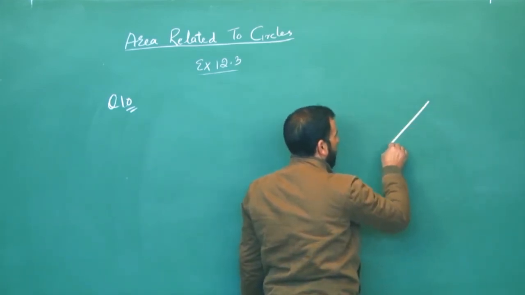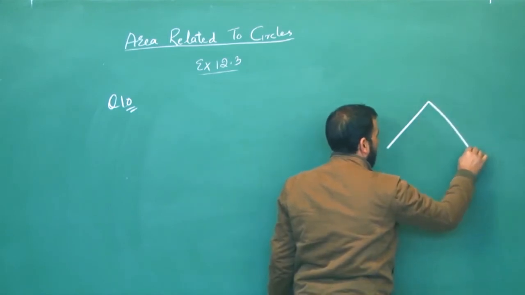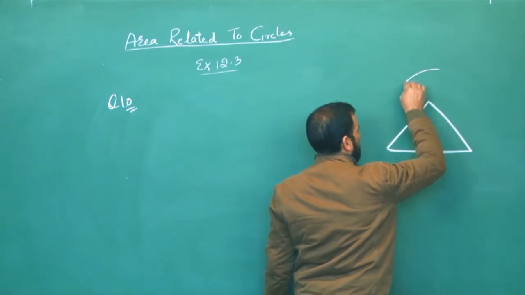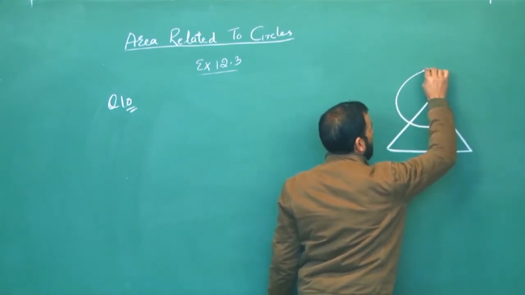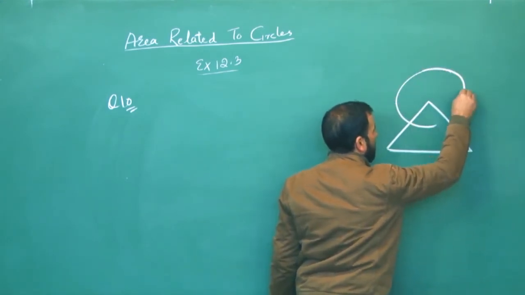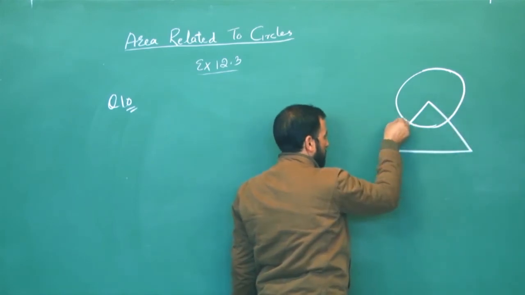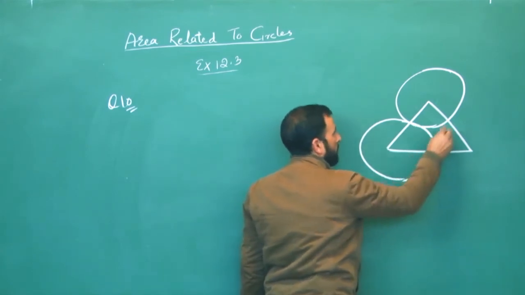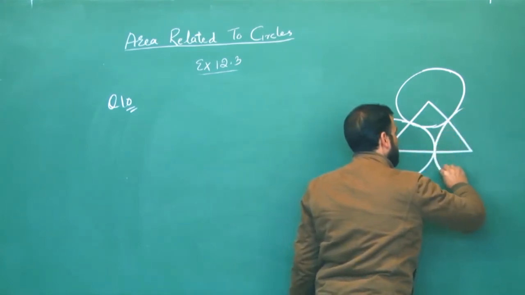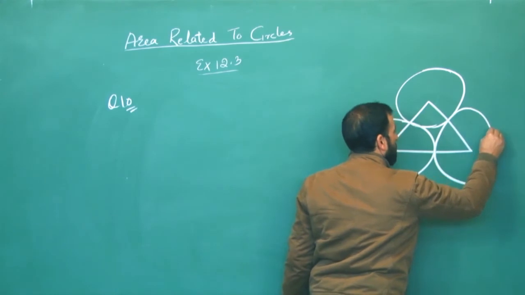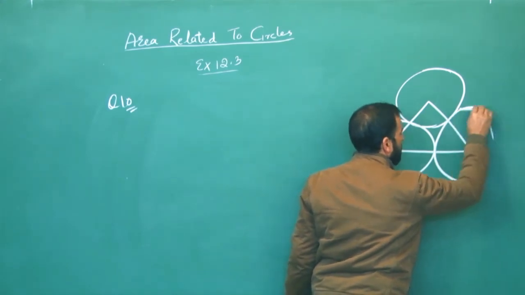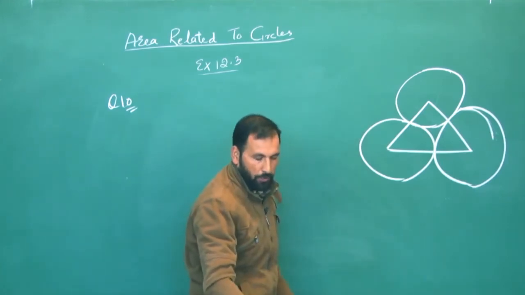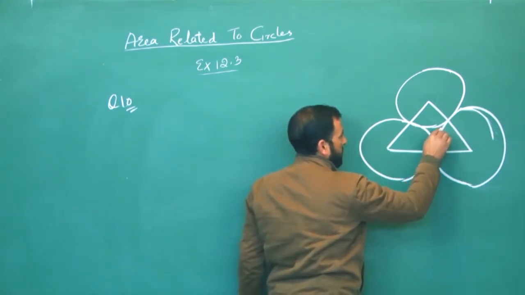We have an equilateral triangle again. We have to find out the area of this shaded region.